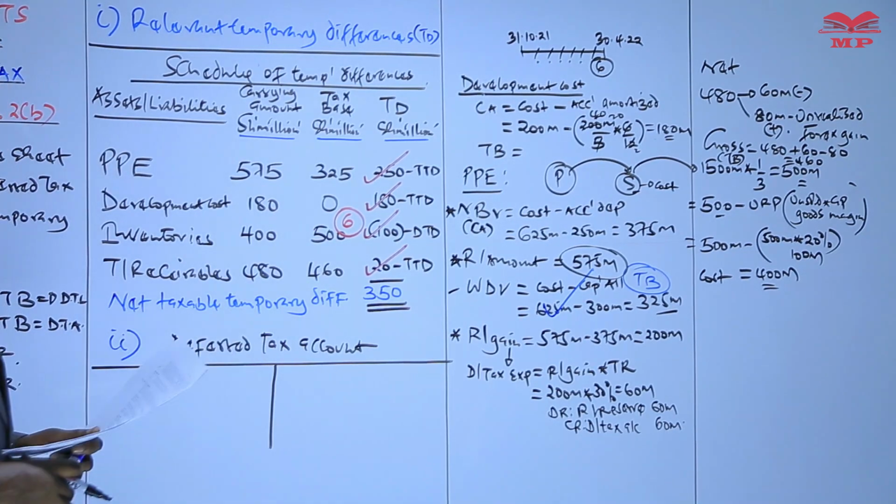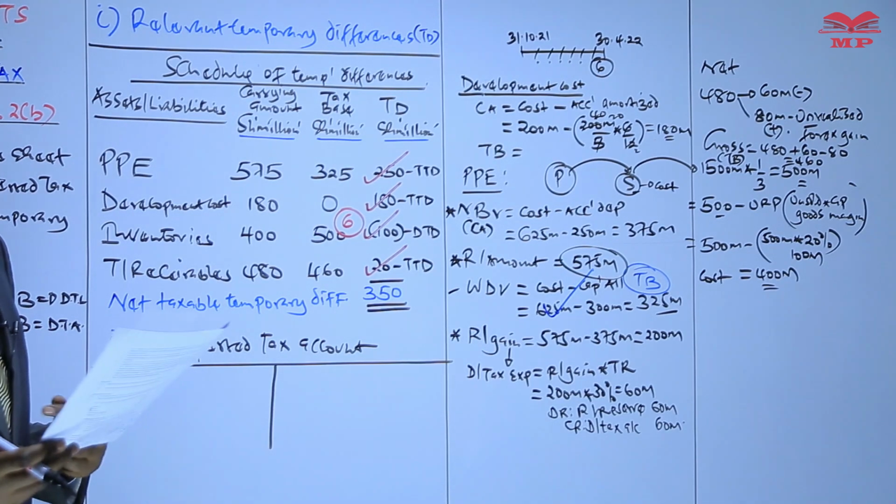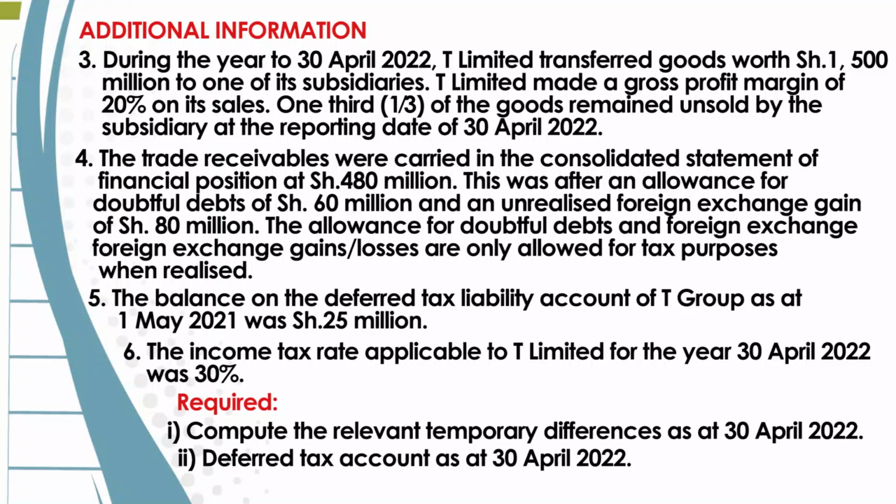because what we first of all record here is the deferred tax asset or deferred tax liability at the start of the year. If we go back to the information in note number 5, we are told the balance on the deferred tax liability account of this group at the start of the year was 125 million.